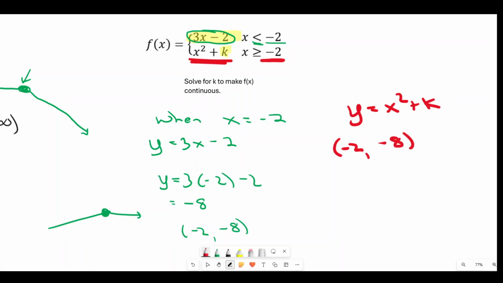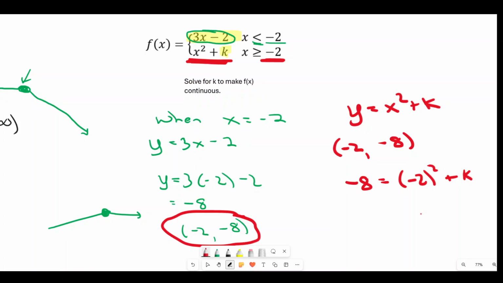Because at negative 2, I need this function to start at this point. So I'm going to sub negative 8 for y and negative 2 for x, and that'll allow me to solve for k. So negative 8 equals 4 plus k, so k is negative 12.